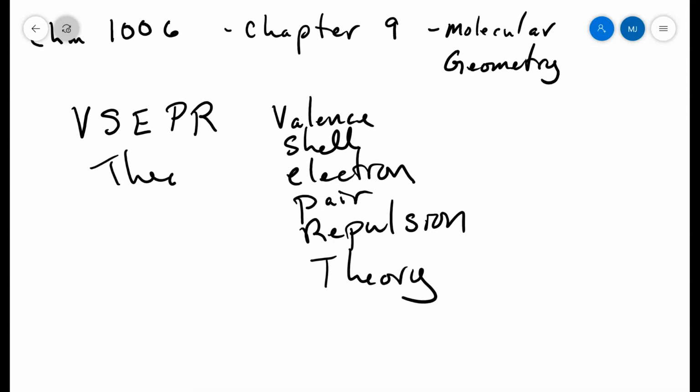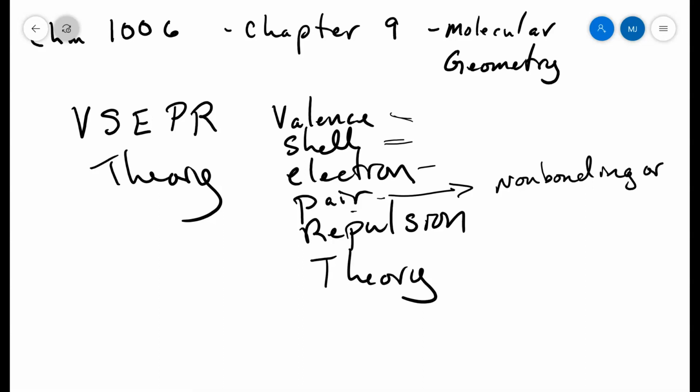Valence shell means outer shell. So the outer shell electrons are either pairs, which means non-bonding, or bonding. Both are counted. They repel each other, and that dictates the shape.